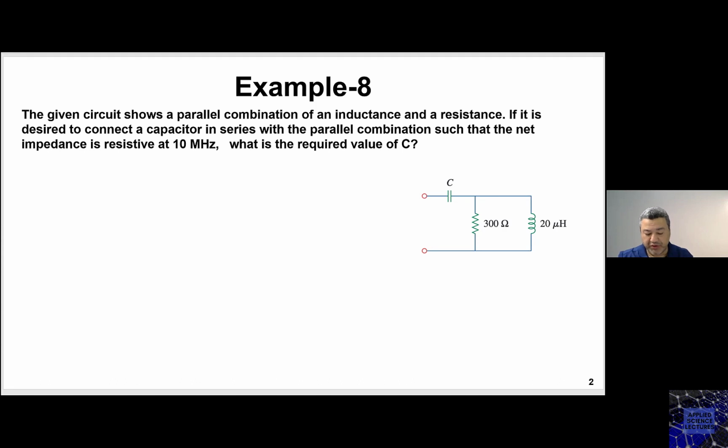So the first thing we need to do is to go to the frequency domain here, where those inductor and capacitors are as a function of the frequency. So in this case, I will redraw the circuit.